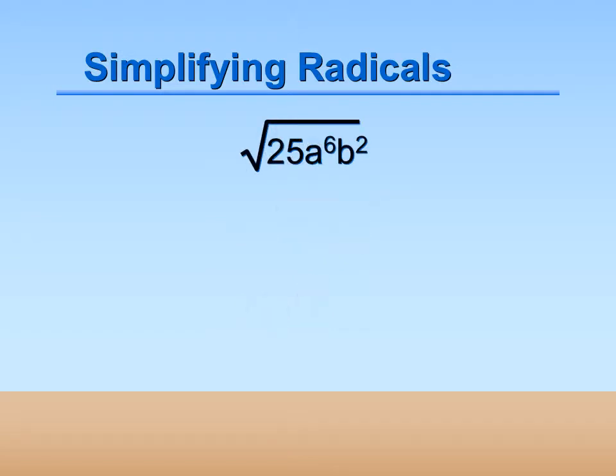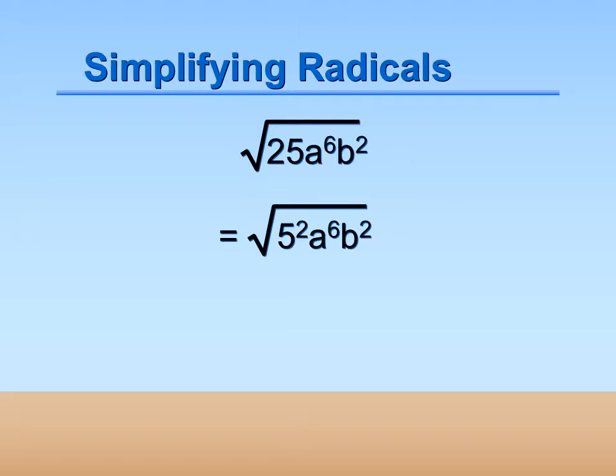What about this number? 25, a to the 6, b to the 2nd. Okay, well 25 can be rewritten as 5 to the 2nd power. Then we have a to the 6, and then b to the 2. So remember, we are looking for groups of 2. 5 to the 2nd power is 5 times 5, so that's two 5s, which means we're going to pull the 5 out.